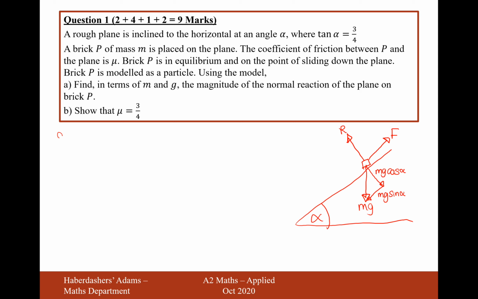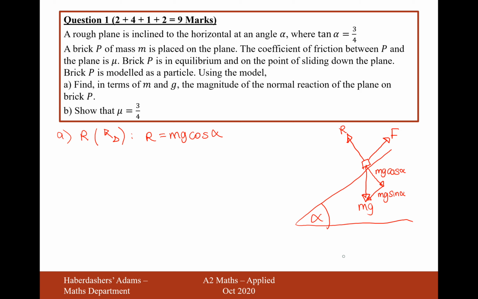And then for part A, to work out what R is equal to, we're just going to resolve the forces that are perpendicular to the plane in that direction. So that's going to be R, that's acting upwards, away from the plane, and mg cos alpha, that's acting into the plane.